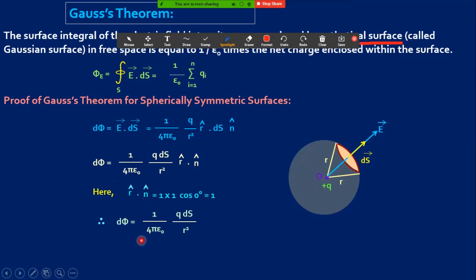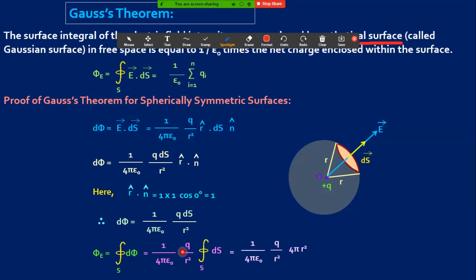So our equation is d phi is equal to 1 divided by 4 pi epsilon naught q ds over r square. Now if you want the total flux, you have to integrate this. After integration, we get 1 over 4 pi epsilon naught q by r square into 4 pi r square, and this is 1 divided by epsilon naught into q. This is our Gauss theorem.